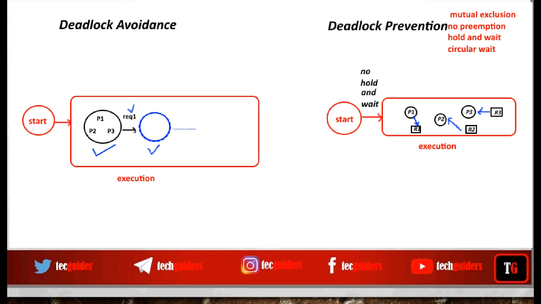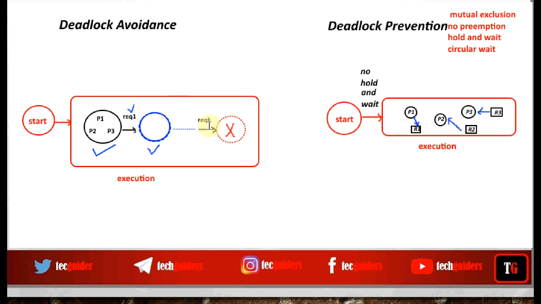Similarly, suppose some request is received and the operating system analyzes and finds out that granting this request will lead to an unsafe state. An unsafe state is a state in which deadlock may or may not occur. In an unsafe state, deadlock does not always occur, but deadlock may occur.